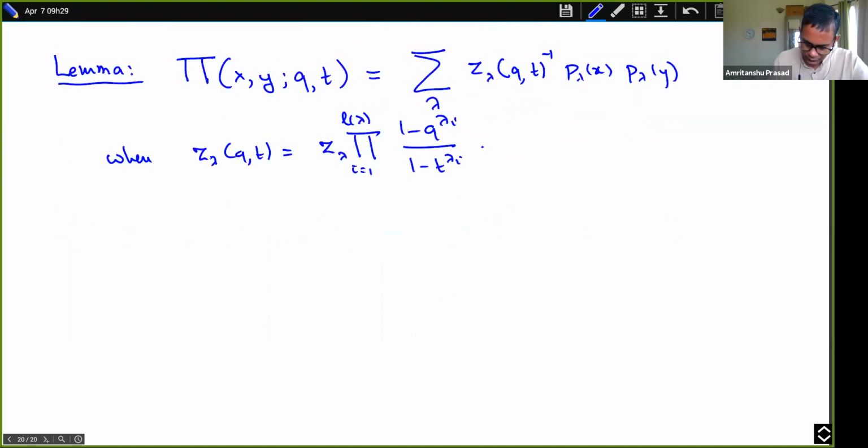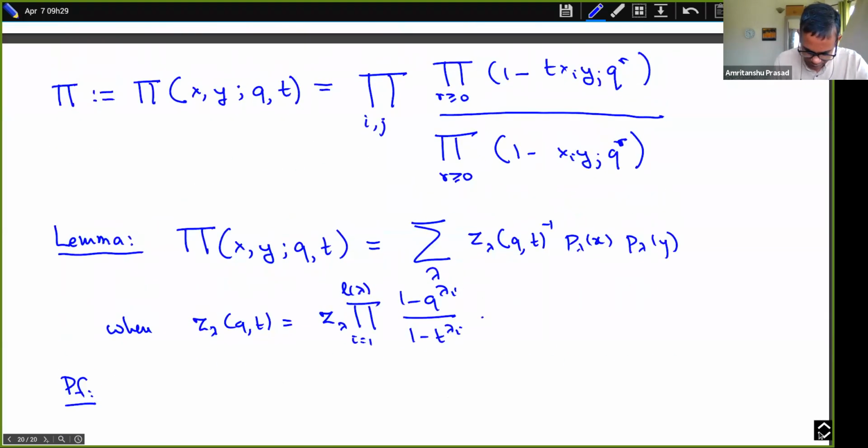And the proof of this, well, you take logs, and so you start with this, so log pi, and you manipulate.